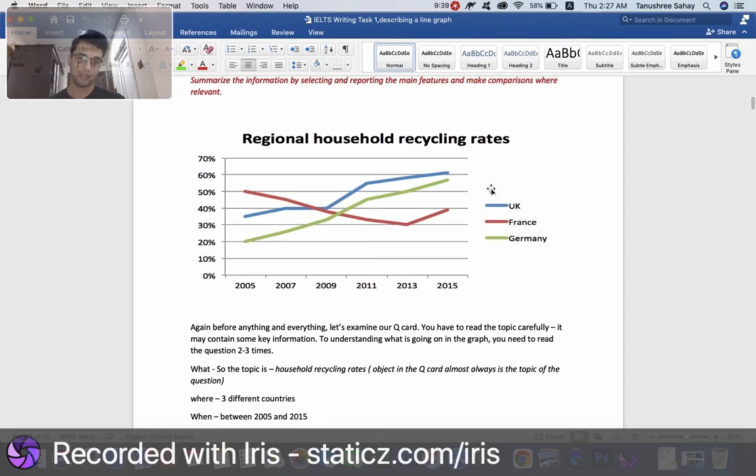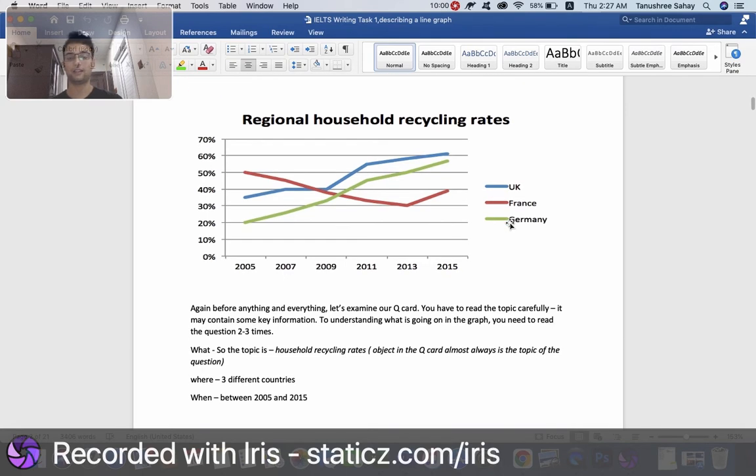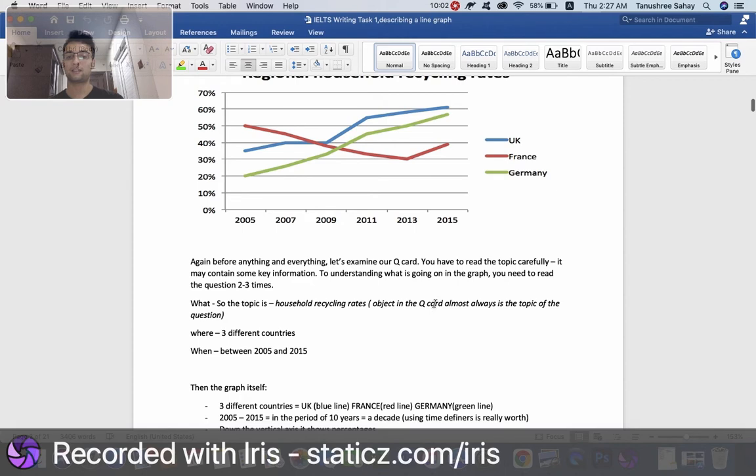So I go down and check the 3 different countries according to my question, because I analyze my question and the graph at the same time to find out basic information before I go for detailed information. So there are 3 different countries: UK is one of them, France and Germany. Okay, I got the vision. And we have the time adverbial, which is between 2005 and 2015.